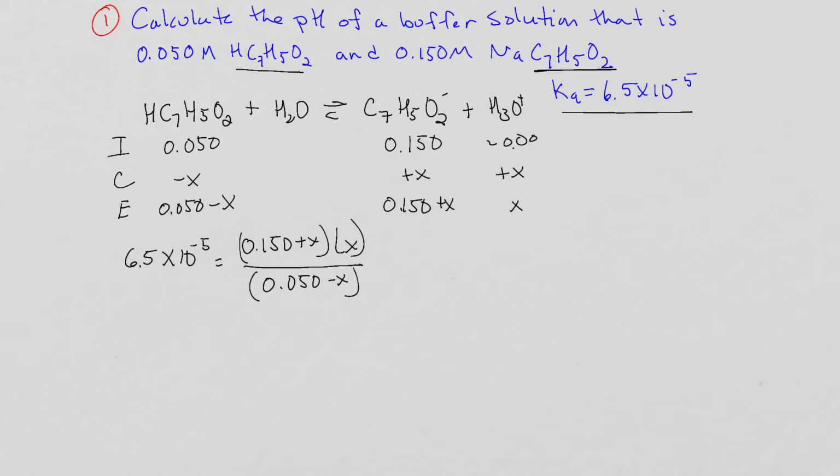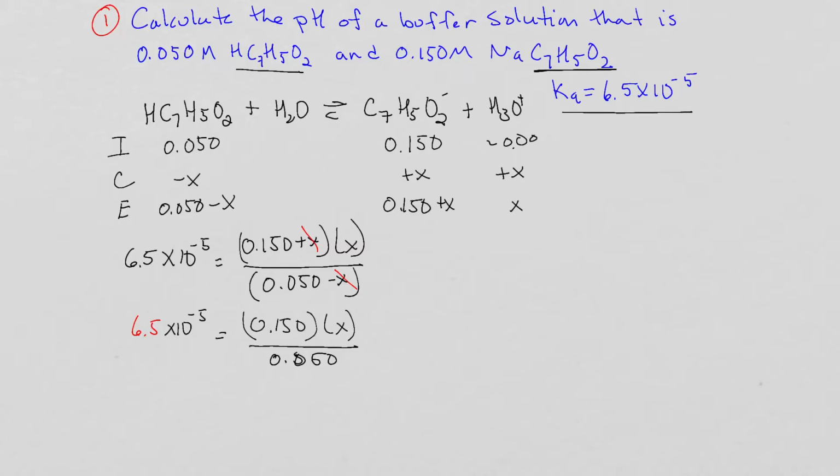So we're going to make that approximation, and that's going to allow me to get rid of this X and this X. So I end up with 6.5 times 10 to the minus fifth equals 0.150 times X over 0.050.